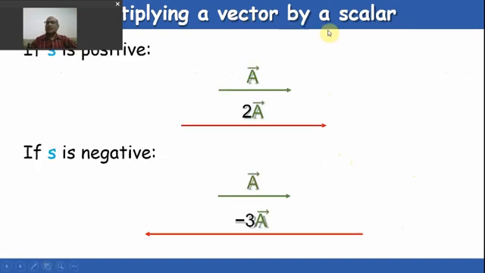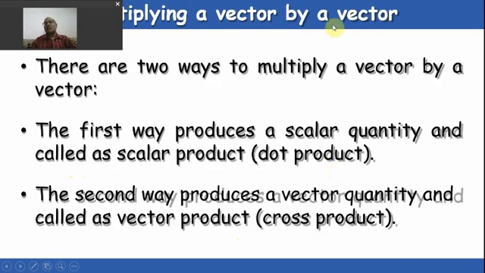Now, multiplying a vector by a scalar, if it's positive, say twice, then its magnitude, its length, becomes twice, and if it's negative, then its magnitude increases as well as its direction changes. But there are two ways when we multiply a vector quantity with a vector quantity.